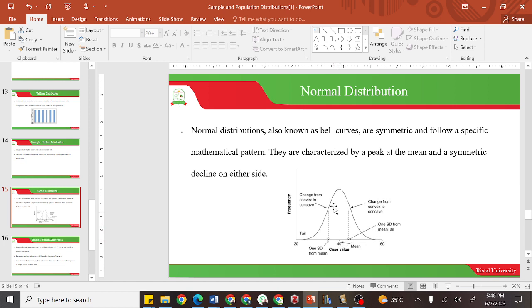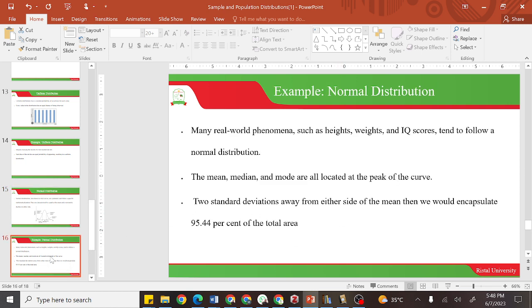So most people, of course, will be around the mean and the mode, and then most of them would actually be here. Okay, so that's the same for height, for weight, for IQ. It's a normal distribution, and usually the mode, the median, and the mean are always around the peak.